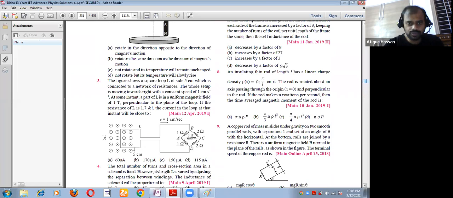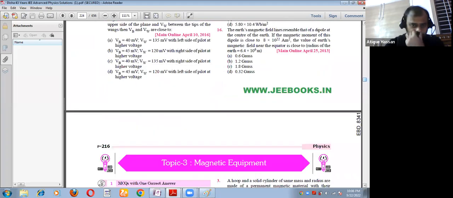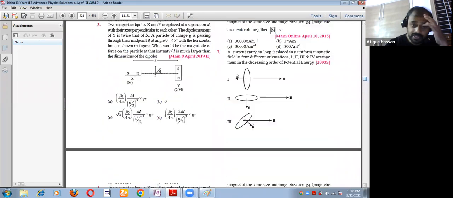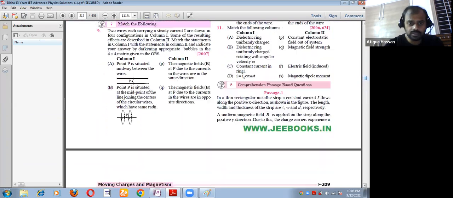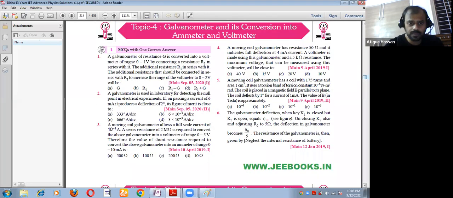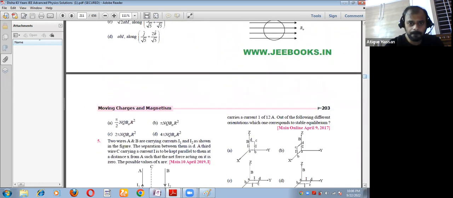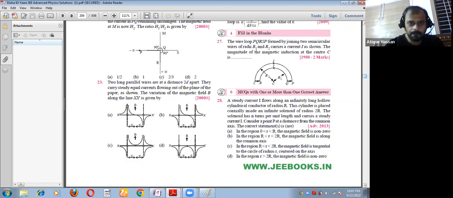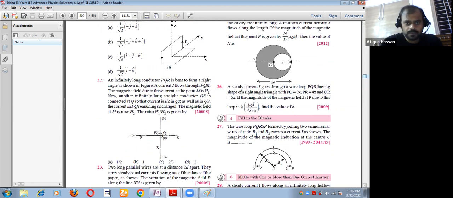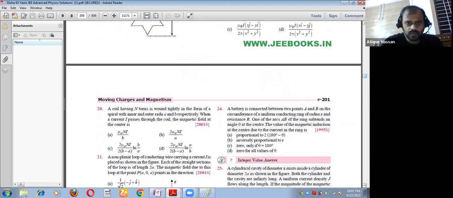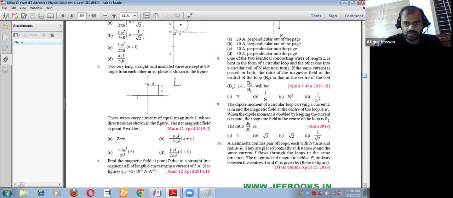So moving to the next question, we'll do the same type of JEE question based on magnetic field. So these all are JEE questions. We have discussed this question number 4.